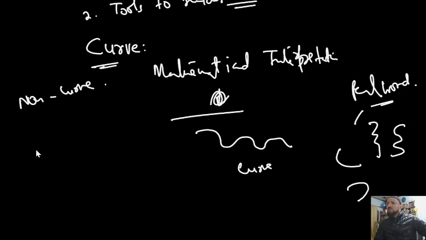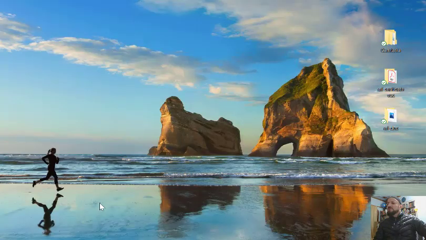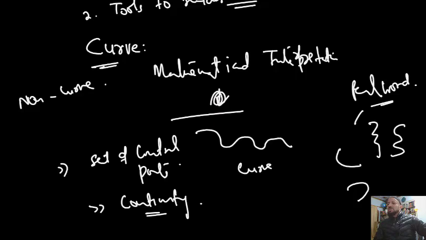First you need to understand how we can define the curve. A curve is defined by a set of points, which we usually call control points, and it needs to have continuity. Continuity is important because it makes something either a non-curve or a curve. Continuity means that we cannot have gaps.